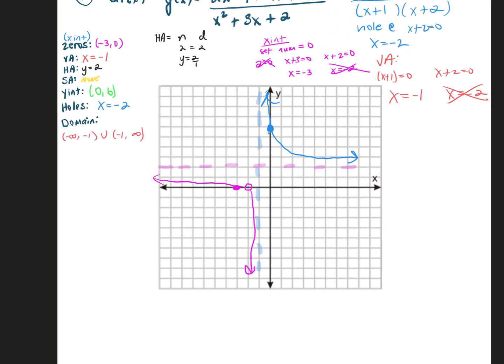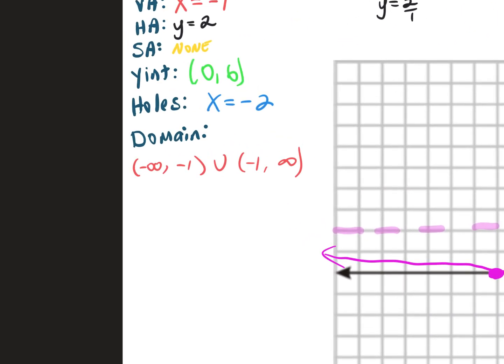Now I said I was going to revisit domain. How come I need to revisit domain? I agree with negative infinity to -1, and then -1 to infinity. There's a hole. Where is the hole? At -2. So really and truly, this would be negative infinity to what? -2.